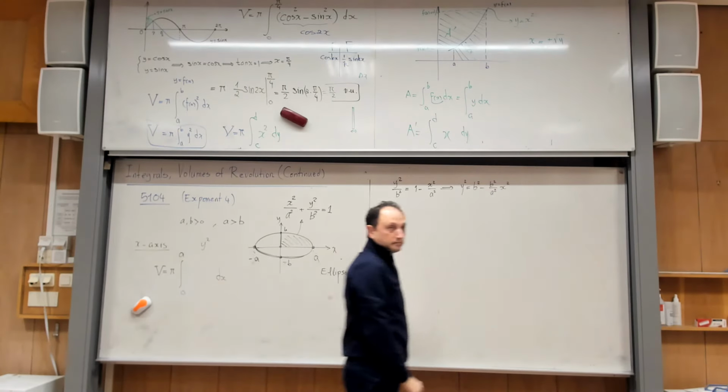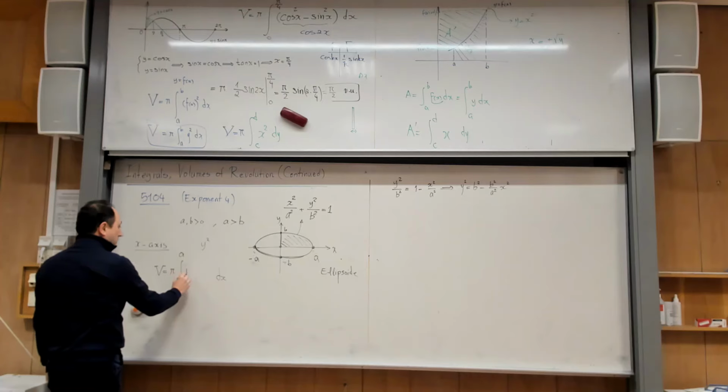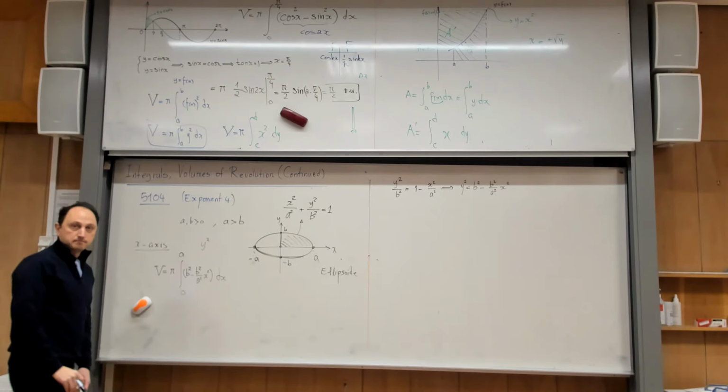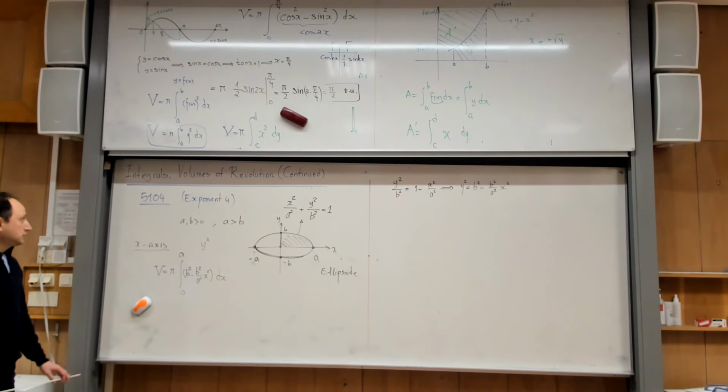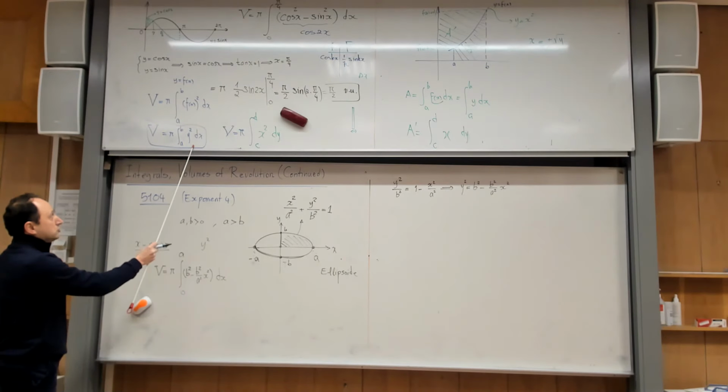And then I put it here. So this becomes b squared minus b squared over a squared x squared. Is that understandable? So because I am rotating now about the x-axis, this is my formula.